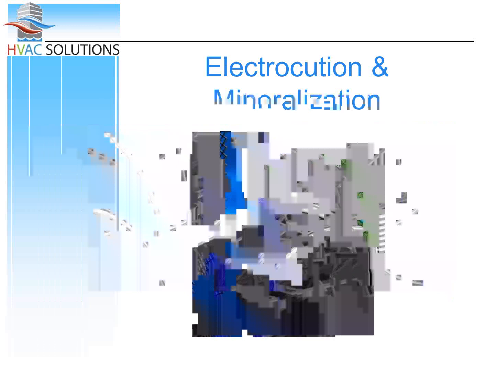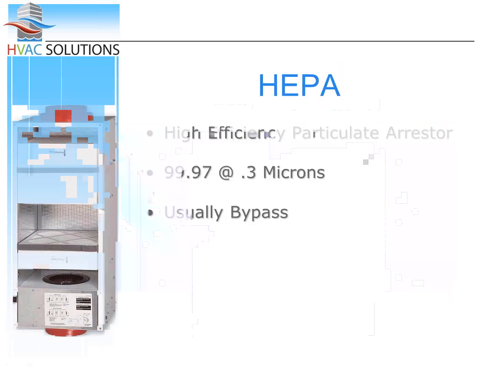So it's a standard, and to be considered HEPA, you have to meet that standard. The problem is these HEPA filters are usually bypass. Why? Because they're so absolute that you couldn't really use them in a standard application without it being a bypass. You just get no airflow.